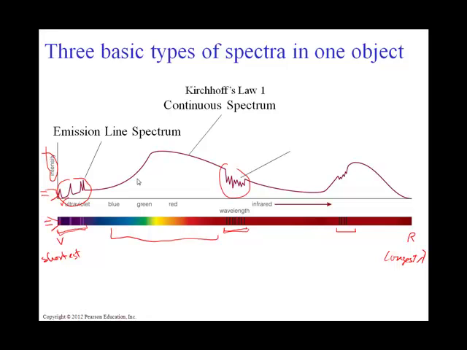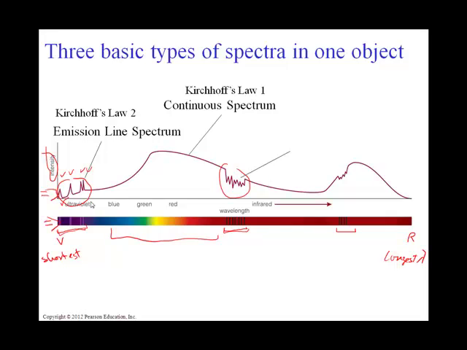Then over here, if you can't see it in the visual spectra, you can see it up here on the graph, where we have peaks in the intensity at those particular short wavelengths. Now electrons that have been excited are falling back down to the ground state, and they're emitting energy at those discrete wavelengths. So those are bright line spectra, emission line spectra.